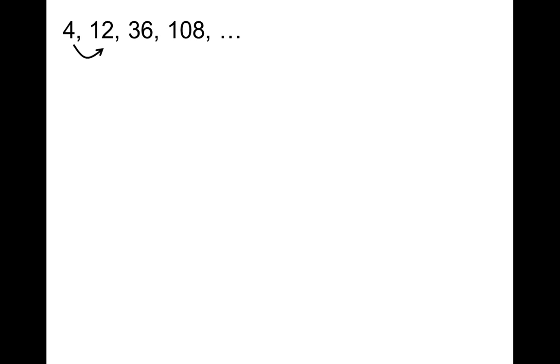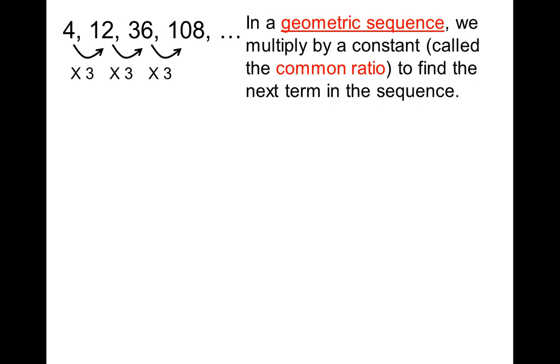So we can still look for a different pattern, and in this case it's a multiplication pattern. If we multiply each number times 3, we do find the next number in the sequence. And because we're multiplying in this case, this is called a geometric sequence. In a geometric sequence, you multiply by a constant, which is called the common ratio, to find the next term in the sequence.